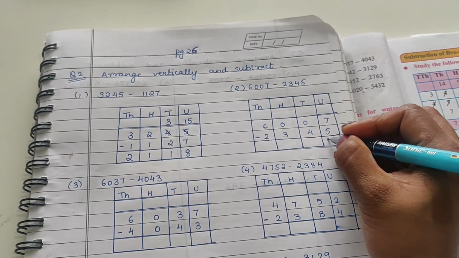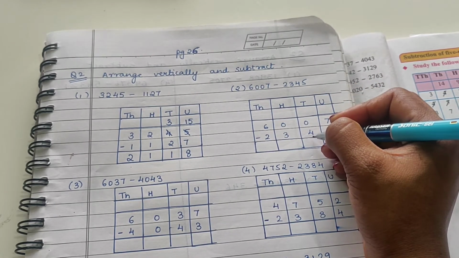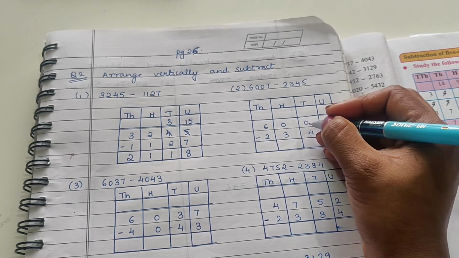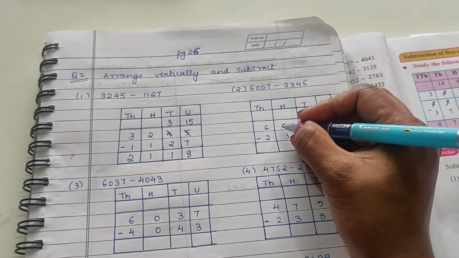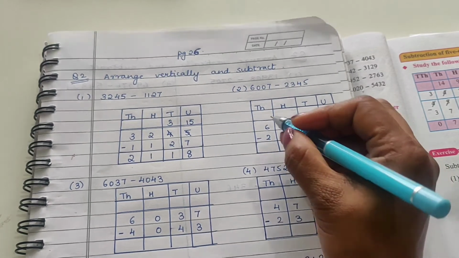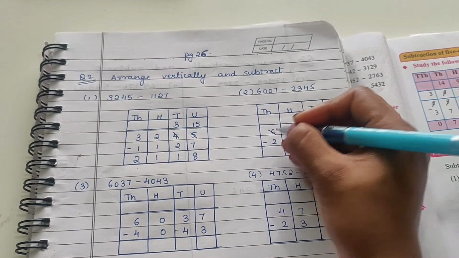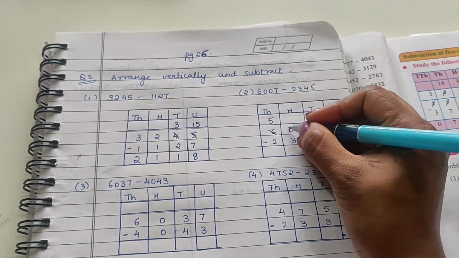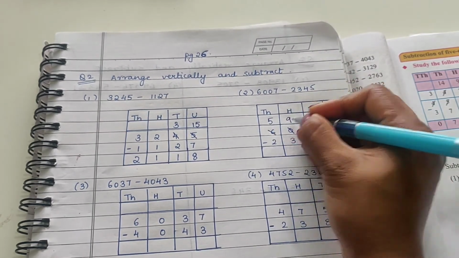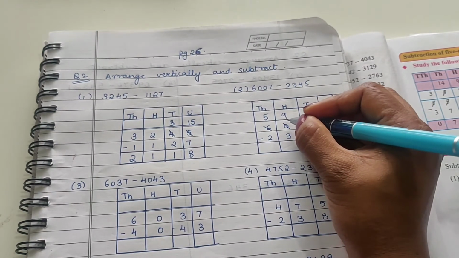7 minus 5 is 2. 0 minus 4. Can you minus 4 from 0? No. So what are you going to do? You are going to borrow from its neighbor. But the neighbor is 0. So what will you do? You will borrow from the other neighbor at the thousands place. So this will become 5. This will become 9. This will become 10. How is this going to become 9?